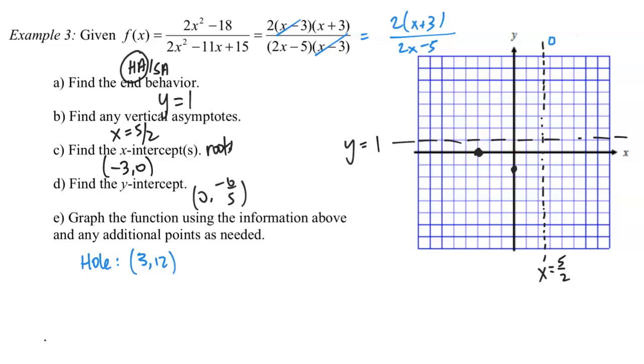And so what this function is going to do is it's going to come basically underneath this horizontal asymptote, come to that x-intercept, or that root right there, go through it and to the y-intercept, and then come through that y-intercept and down the vertical asymptote at x = 5/2. And there's the first section of my graph.